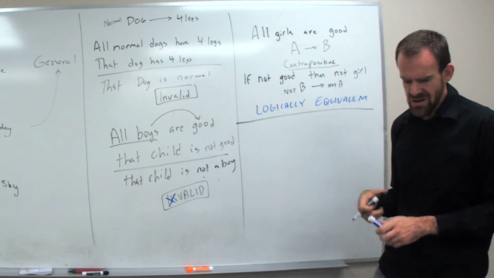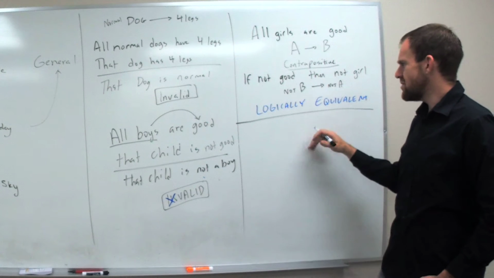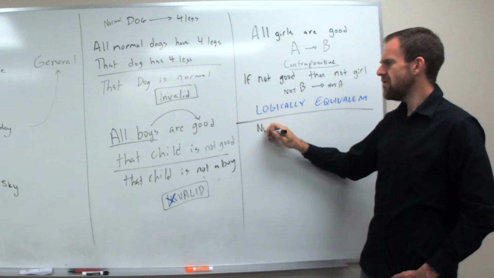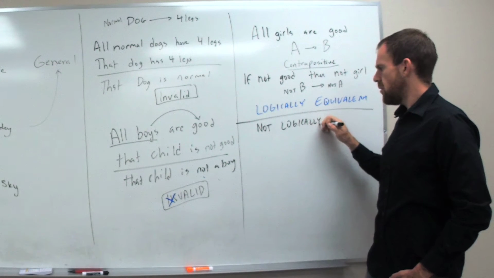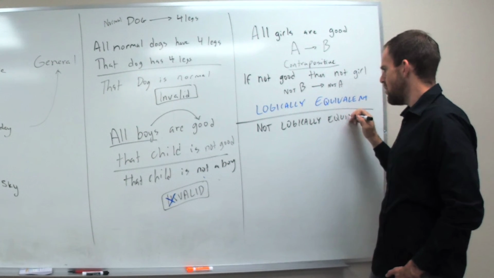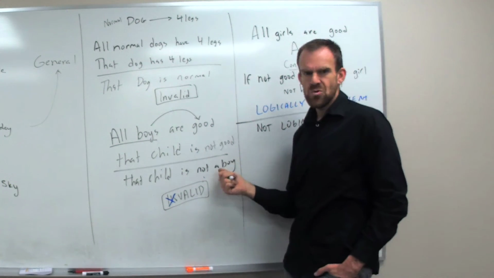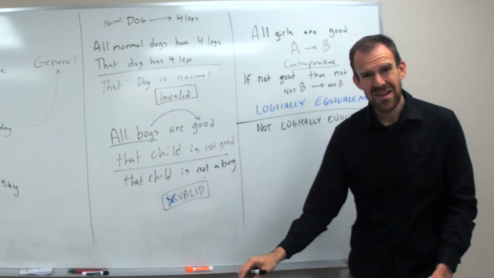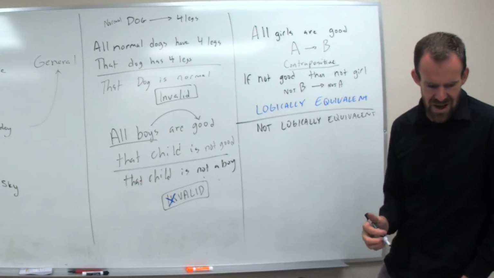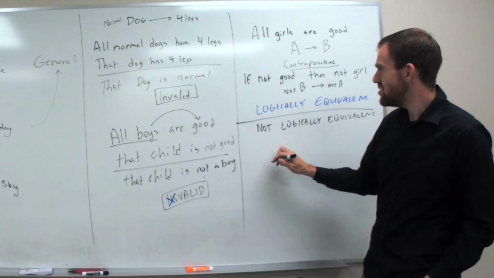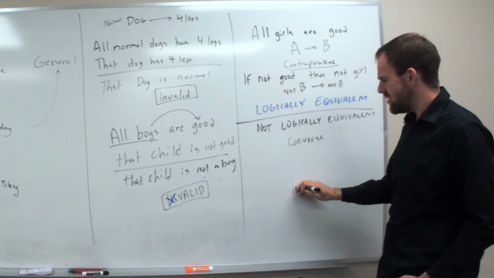Okay? We also have two other statements, but these ones are usually not logically equivalent. And so if we use them to draw a conclusion, generally our conclusion would be invalid. And that is the converse, and the inverse.